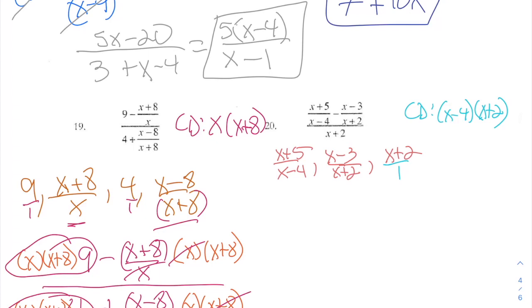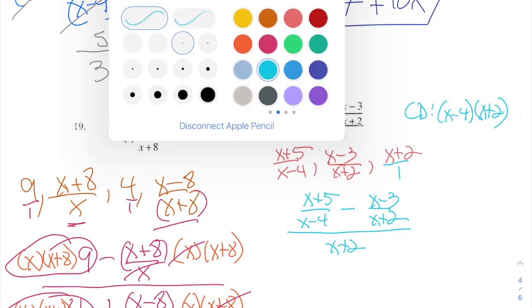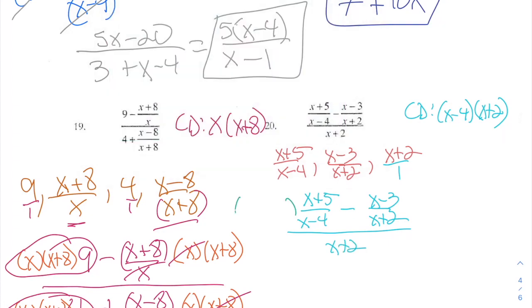And now I am going to multiply every single term by x minus 4 times x plus 2. So I'm going to rewrite this, because it's going to get pretty big. x minus 4 times x plus 2, x minus 4 times x plus 2, and x minus 4 times x plus 2.